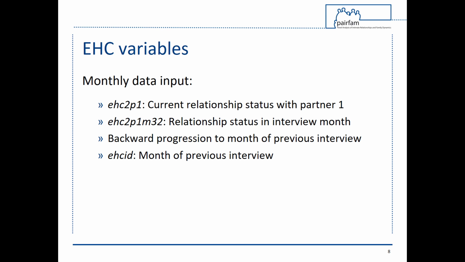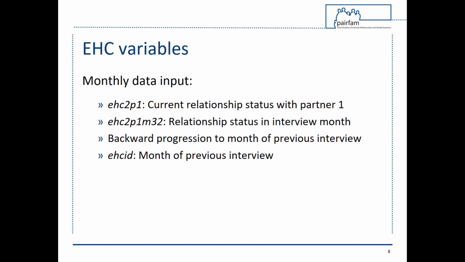In waves 3 to 13, the variable EHC2P1M32 stores the anchor respondent's relationship status in the month of the current interview. From there, information is stored via backward progression up to the month of the previous interview. The variable EHCID marks the month of the previous interview.